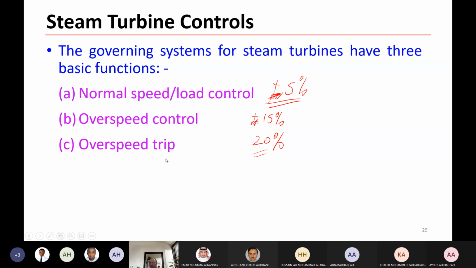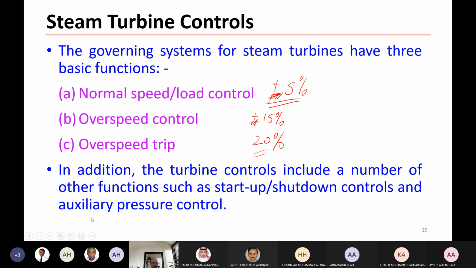Similar to the under frequency protection or over frequency protection, you have to isolate the system. Here also, if you have high speed more than 20%, you have to stop the plant and trip the turbine completely. You have to isolate the steam going to the turbine, stop it.